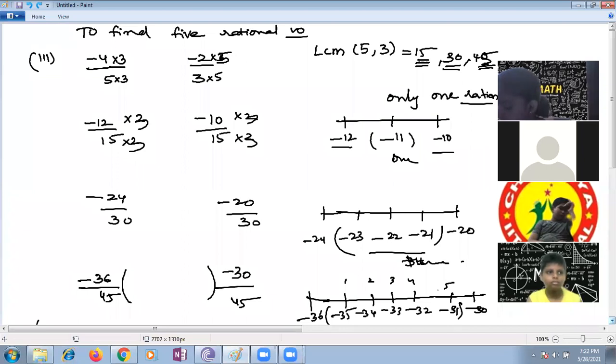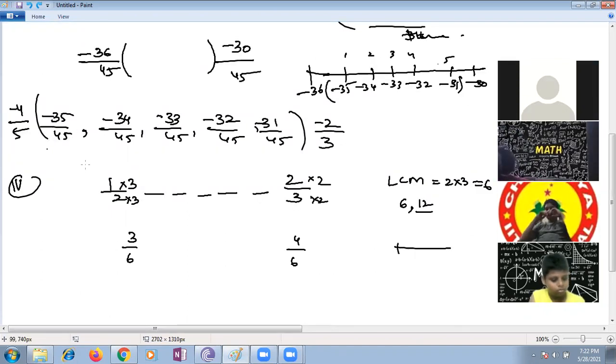Once you are thorough with the concept, after doing 1 or 2 questions you will come to know that we are raising the rational number with bigger numbers. It is the same procedure, but he raised with 6 directly, without checking 2, 3, 4 like that. He is raising the fraction directly.